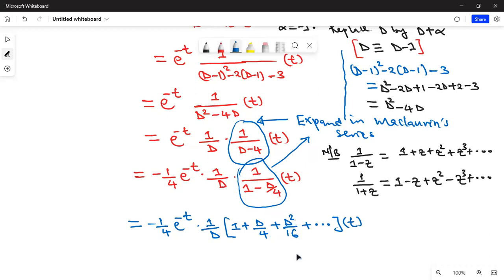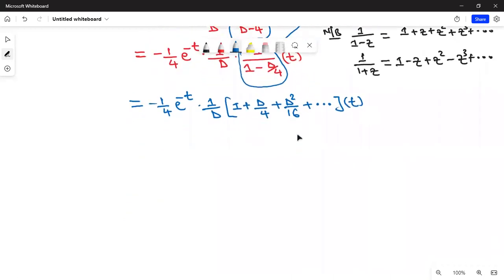So let me take t inside the first bracket. What do we have? We are going to get -1 over 4 exponential -t times 1 over D.